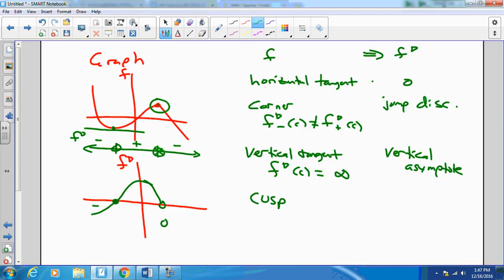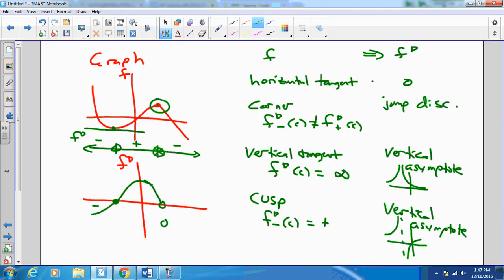And likewise, if my graph of f has a cusp, then the graph of f prime will also have a vertical asymptote. But whereas for the vertical tangent case, my vertical asymptotes will have the same sign from both sides, in the cusp case, my vertical asymptote will have opposite signs from both sides.